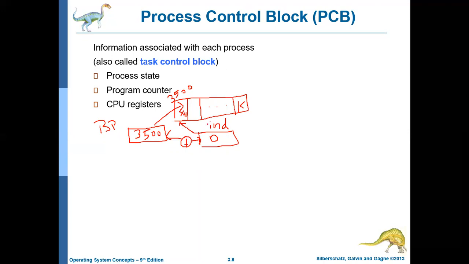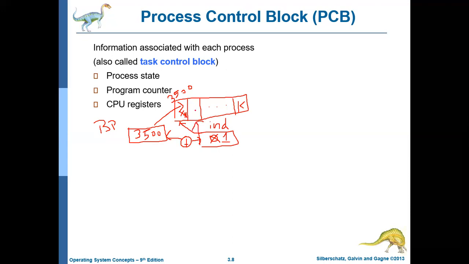Then the index register is incremented by 1, so it becomes 1. Next time when the program adds 3500 plus the index register, it is 3501, which refers to the next location.